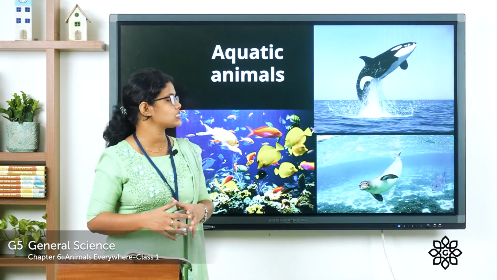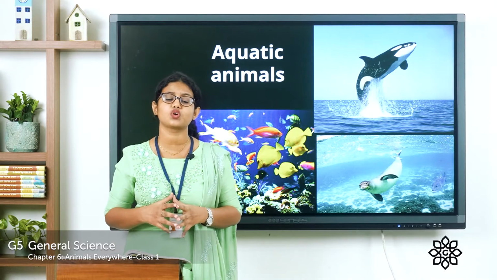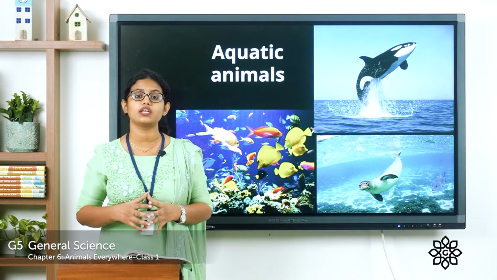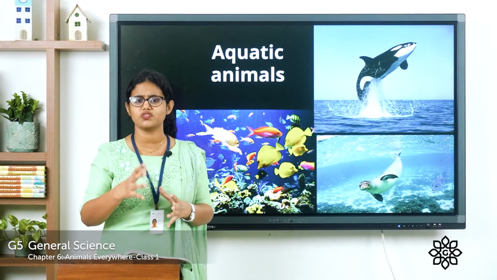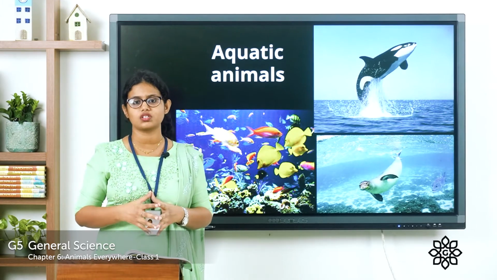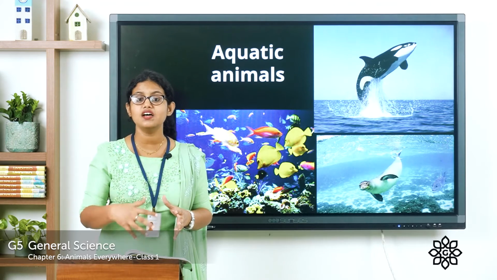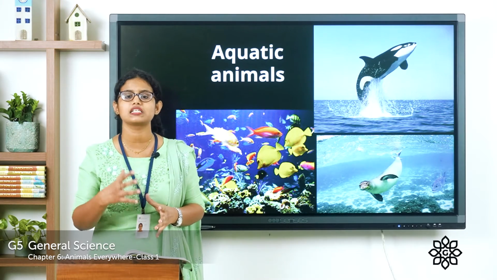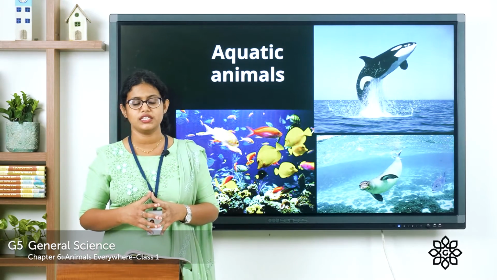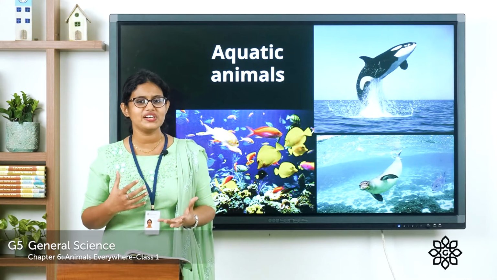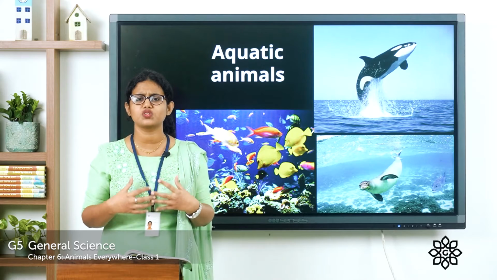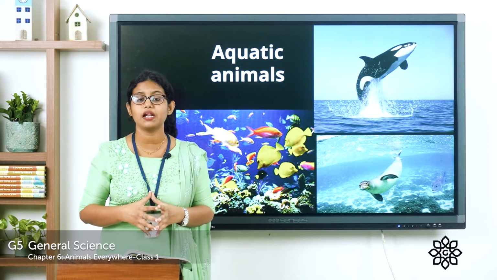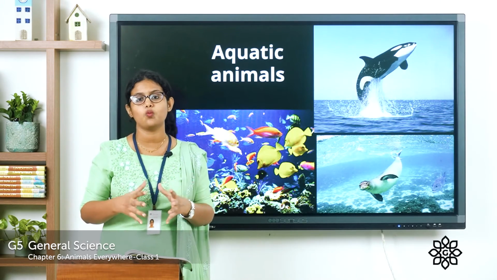So the next classification of animal based on habitat is the aquatic animals. So you all know what is the meaning of aqua. What is the meaning of aqua? Aqua means water. So animals that live in water, we call them as aquatic animals. They live in ocean, rivers, seas, etc. And even these animals have their own special features that help them to survive in water.